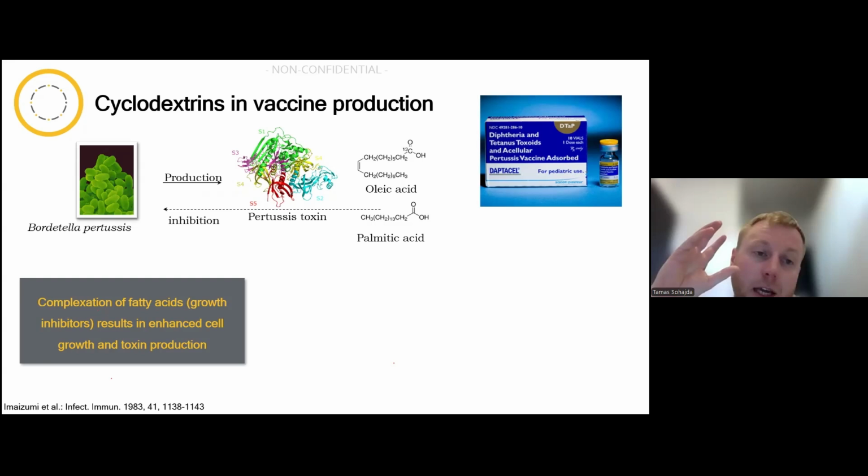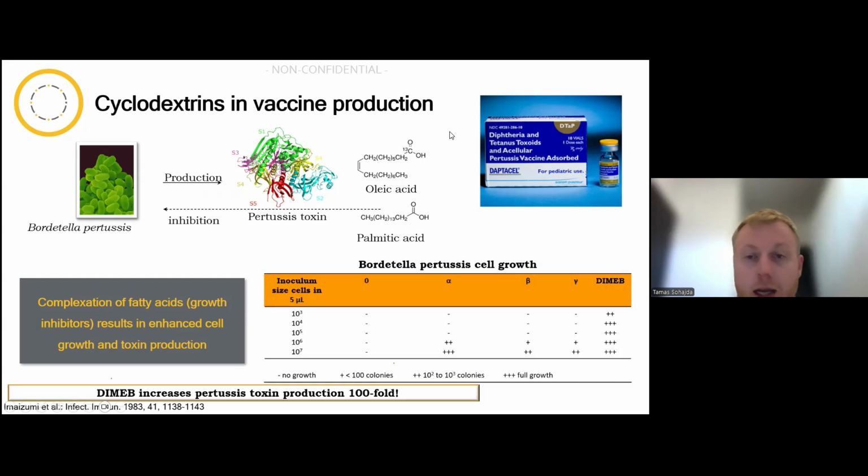In this case, a toxoid is used in the vaccine formulation, and the problem is that during the production, similarly to the first example, two inhibitors, two byproducts are generated, which can be encapsulated selectively by cyclodextrins. And here you can see how important it is to have a selective cyclodextrin, because the performance of the different cyclodextrins differs substantially.